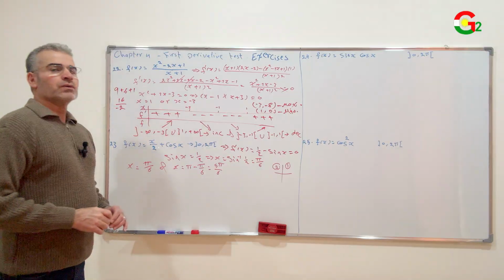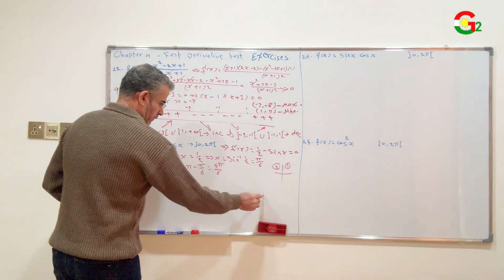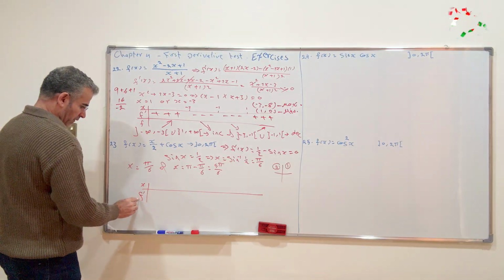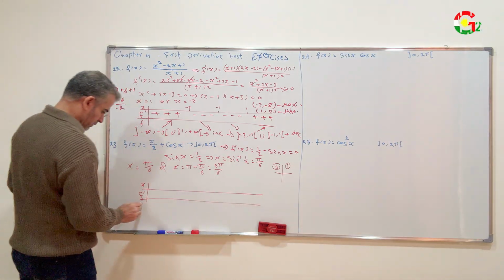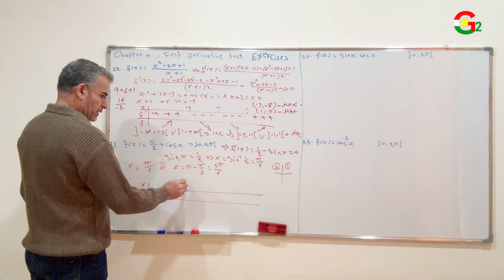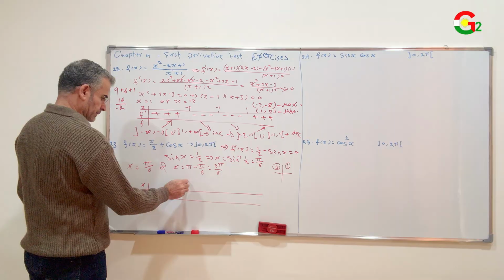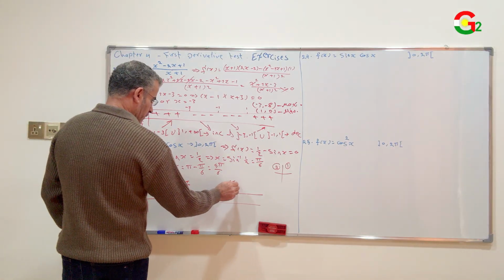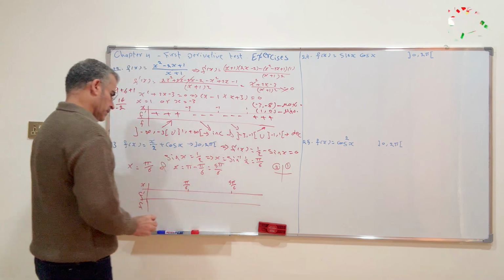These are the two critical points. Find the value of the derivative before and after these two points. This is pi over 6. This is 5 pi over 6.